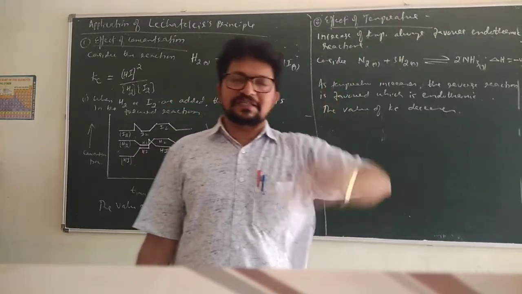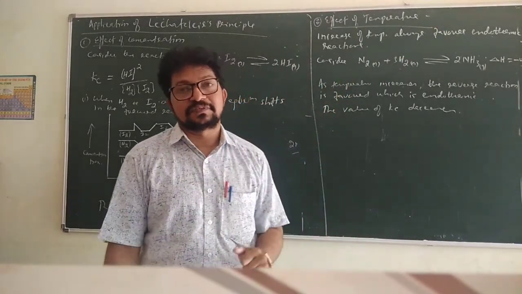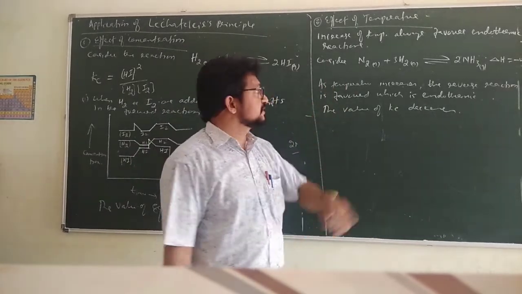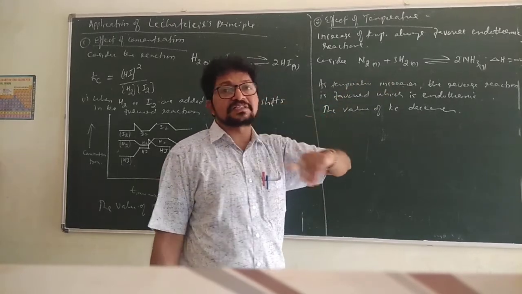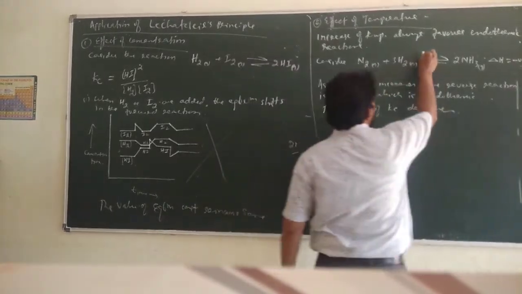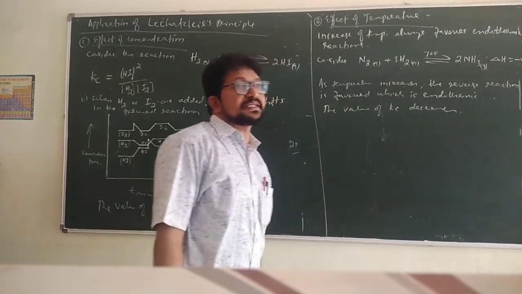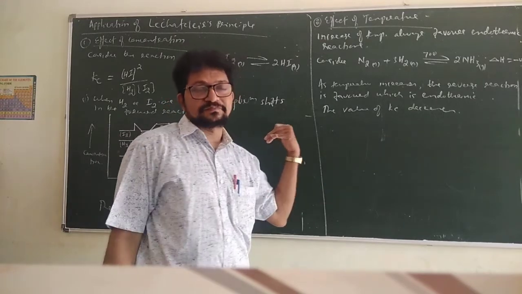This increase or decrease, you have to speak after that particular temperature. For example, for this reaction, 700 Kelvin is required. The Haber process of manufacture of ammonia, 700 Kelvin is required. If you go above 700, if you make it 800, ammonia starts decomposition.